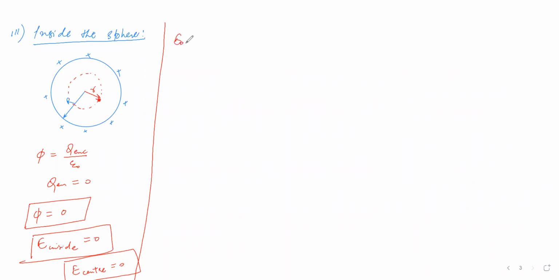E outside is sigma R square over epsilon naught r square. And electric field at the surface is sigma over epsilon naught, and electric field inside is 0. These are three values of electric field at different positions, okay, due to this sphere.